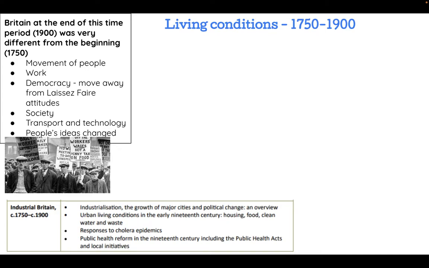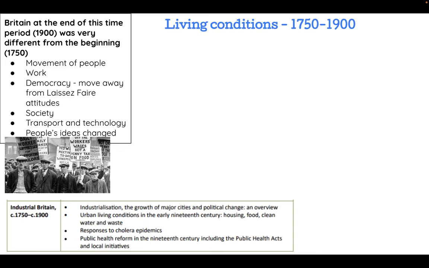There were changes in society as well. The middle classes had grown in number and power. The working classes were largely ignored as their living conditions worsened. Towards the end of the time period, where we see all men getting the vote, we see changes in these living conditions.